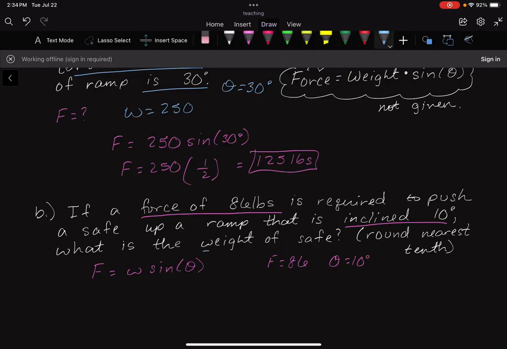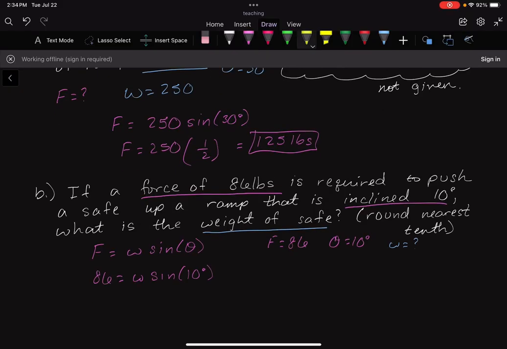And then I'm looking for the weight, so I'm looking for W. Let's plug it in: I have 86 equals W times sine 10 degrees. I need to solve this for W, so I'll divide by sine 10 degrees. And then I'm just going to plug in the calculator. So I get W is equal to 86 over sine of 10 degrees.